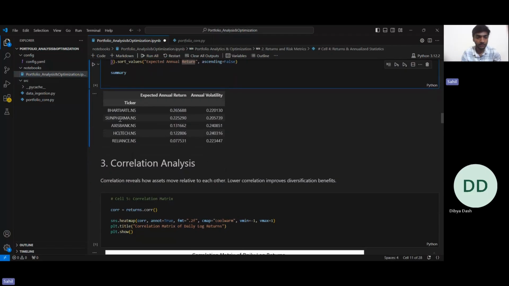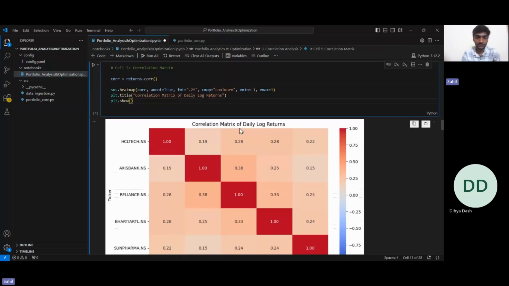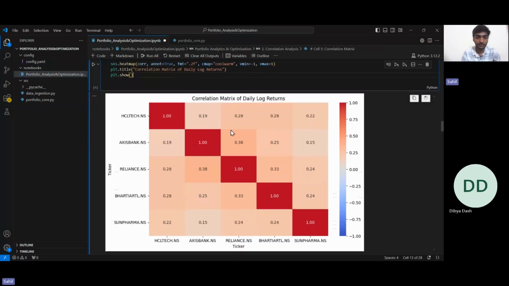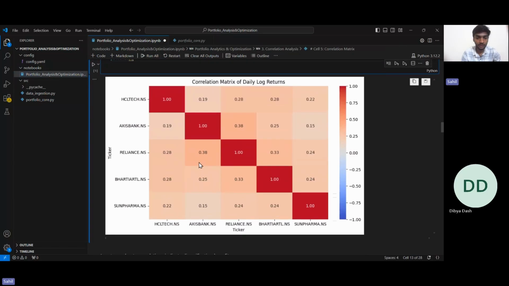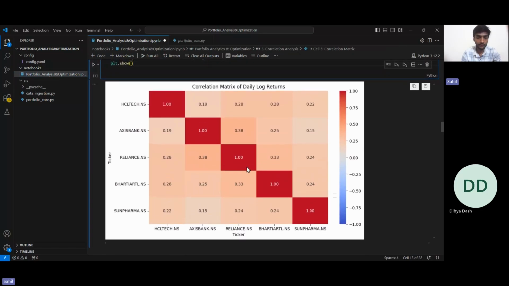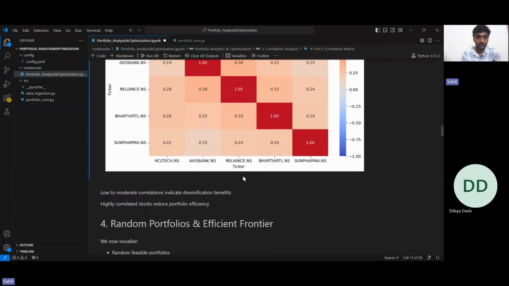We can see that Bharti has the highest annual return, and HCL and Axis Bank have the highest annual volatility. Then we see the correlation matrix, and here we can see that none of the stocks are correlated, even 0.5. So we can see the benefit of diversification in this portfolio.